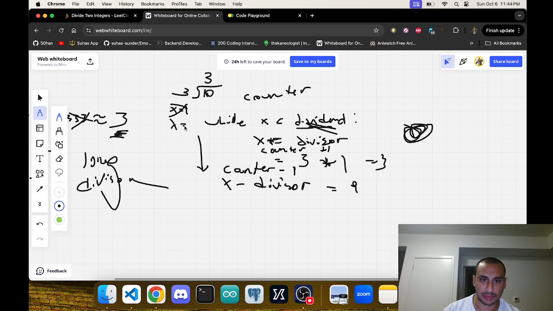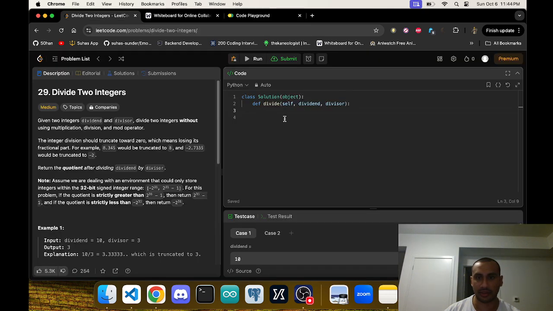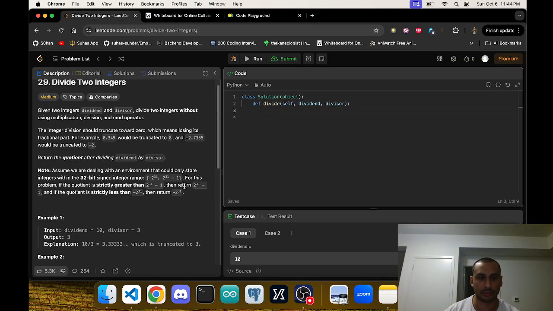So let's go x equals 0, and then go plus equals divisor until it goes above, and then I go minus divisor. Yeah, so counter minus 1, and then counter plus 1. Okay, so let's try it. 10 divided by 3 truncated to 3.